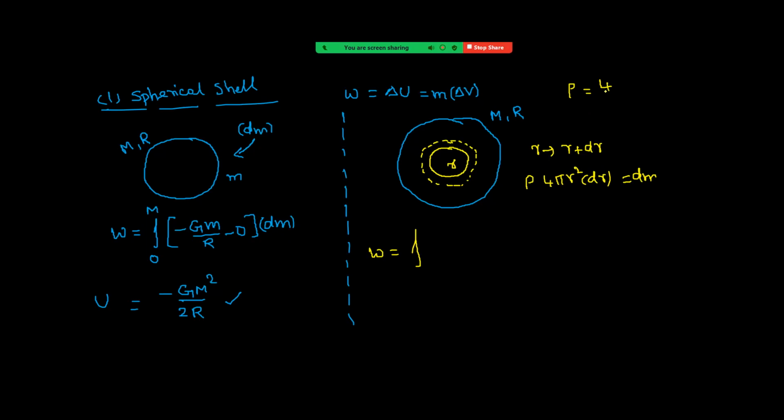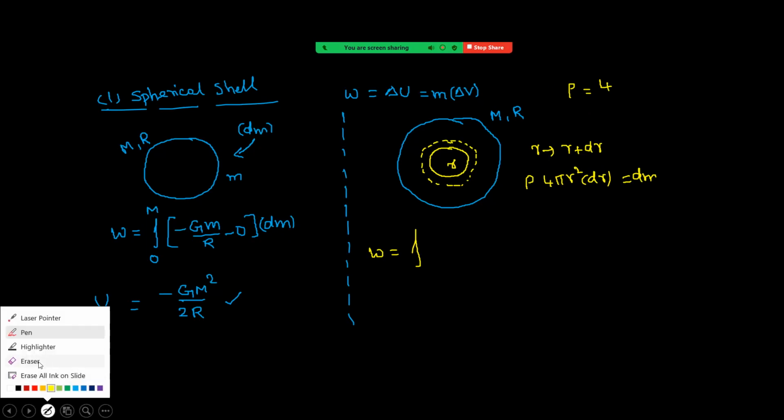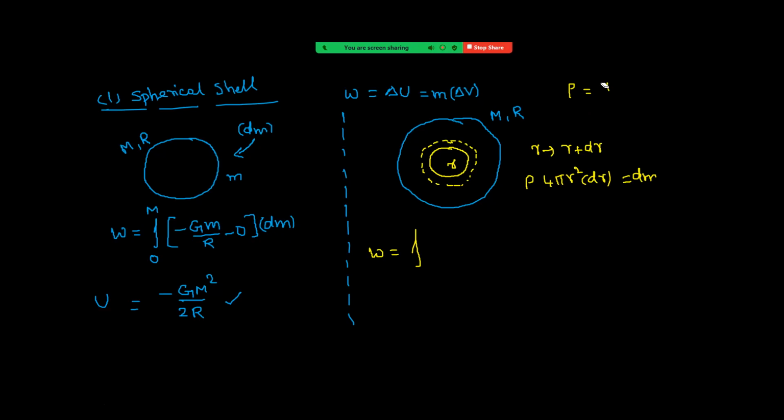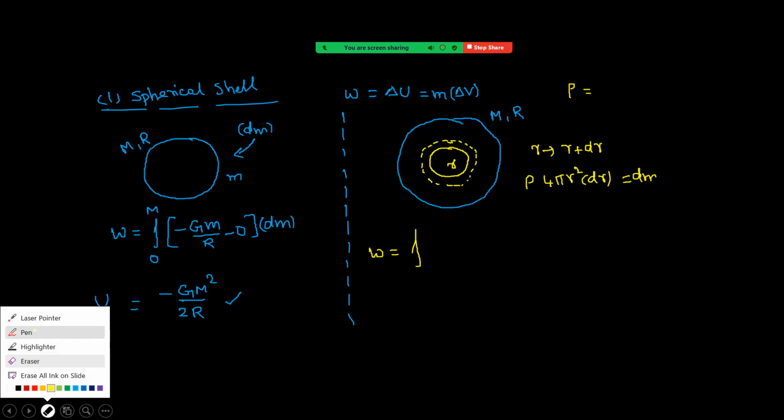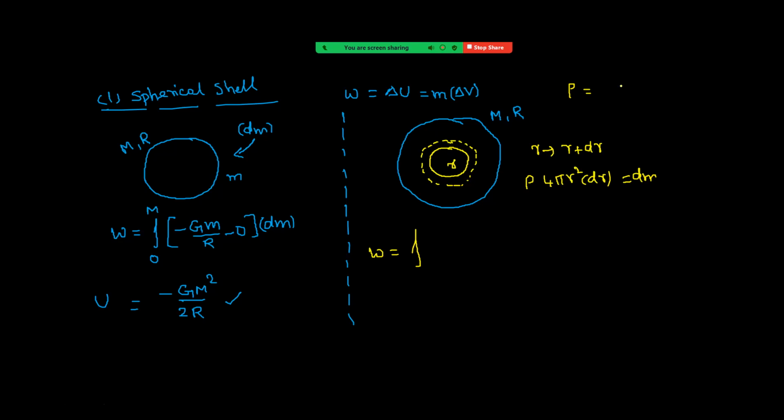Rho equals mass by volume, that is, rho equals M by 4 by 3 pi R cube.